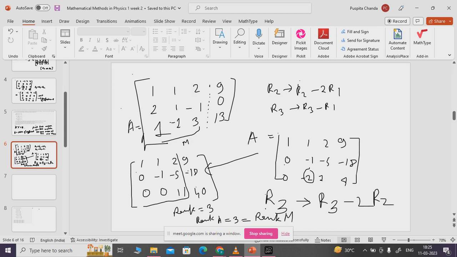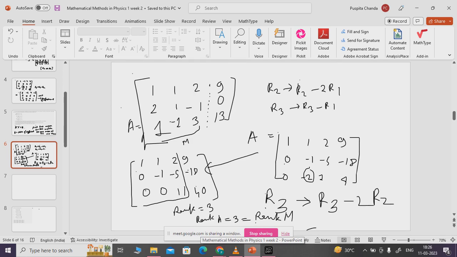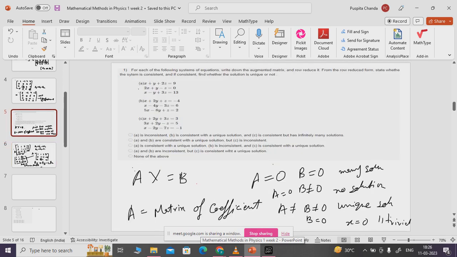When the ranks of the coefficient matrix and augmented matrix are both the same and equal to the number of unknowns, then the system is consistent with a unique solution. So the system A has a unique consistent solution.